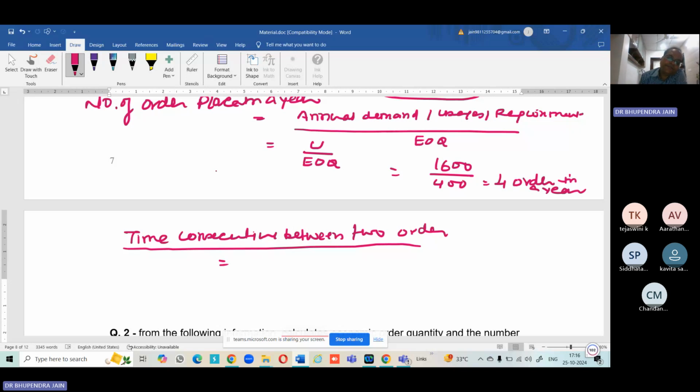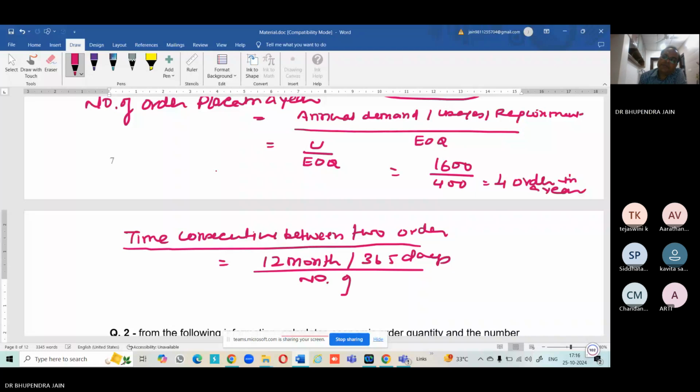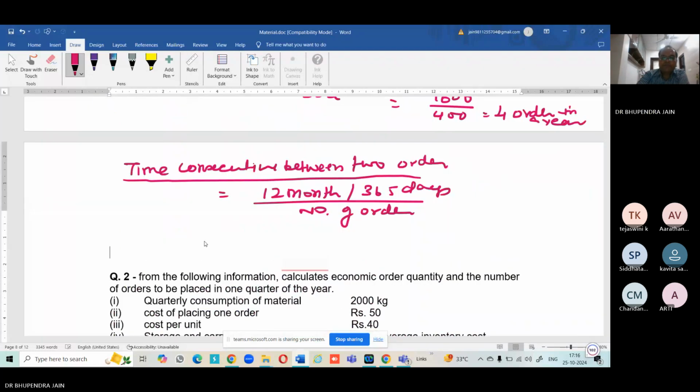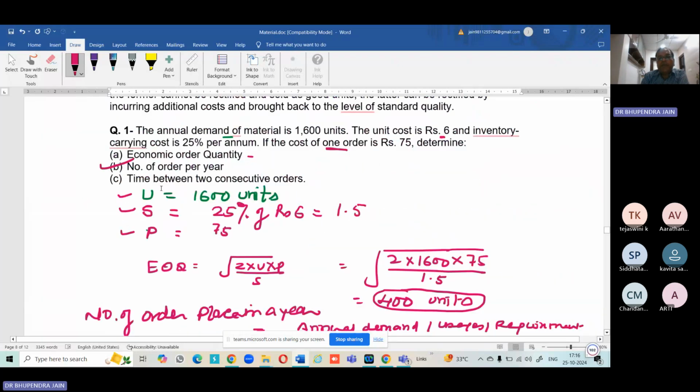Now the formula is either 12 months or 365 days divided by number of orders. See how it is written in the question: time between 2 consecutive orders.